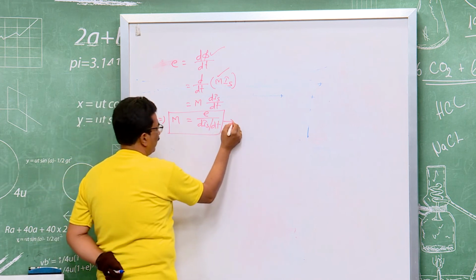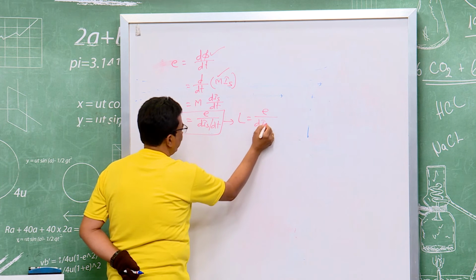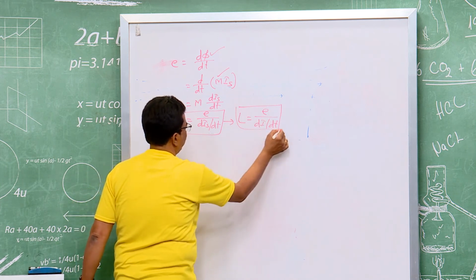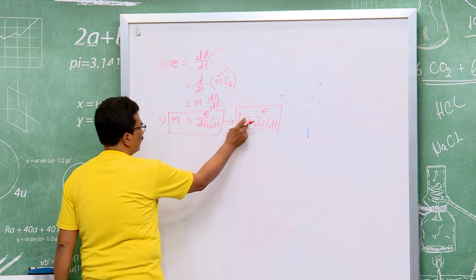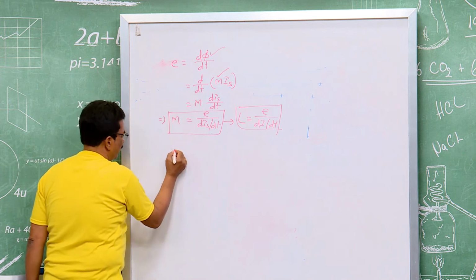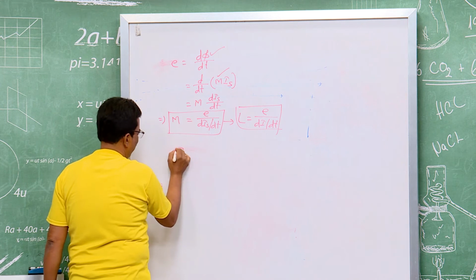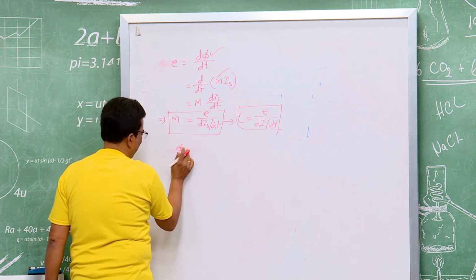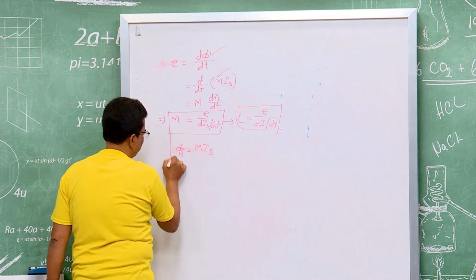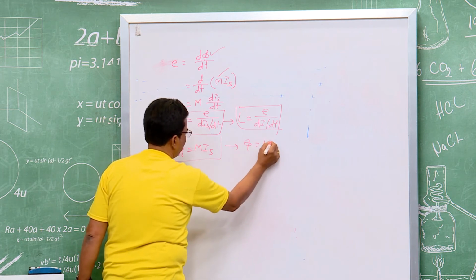But for the self induction case, L is equal to E by di by dt. So this is for the mutual, and this is self. And the primary definition was M is equal to phi I by Is, that is phi I is equal to M Is, this is one, and for this one phi is equal to Li.